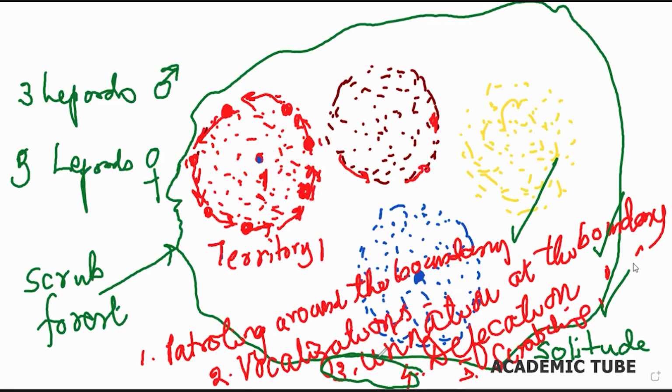So rather than using the high energy requiring advertising methods, they use the urination at the boundary and defecation at some prominent points in the boundary.